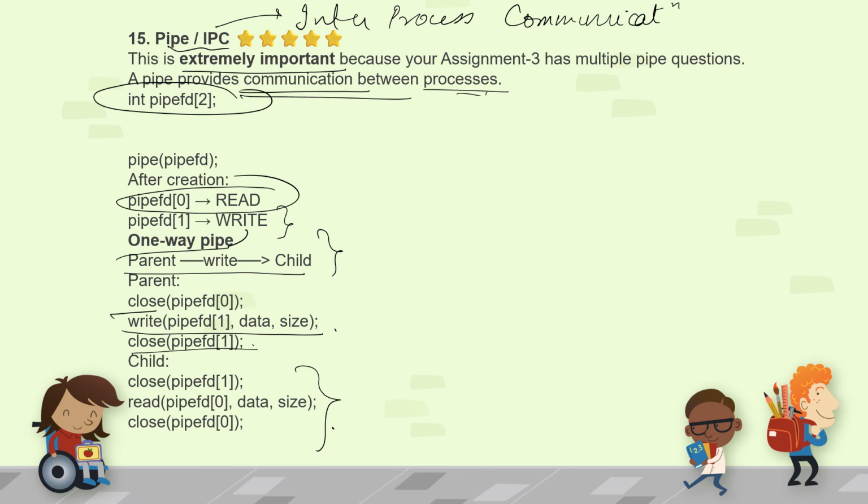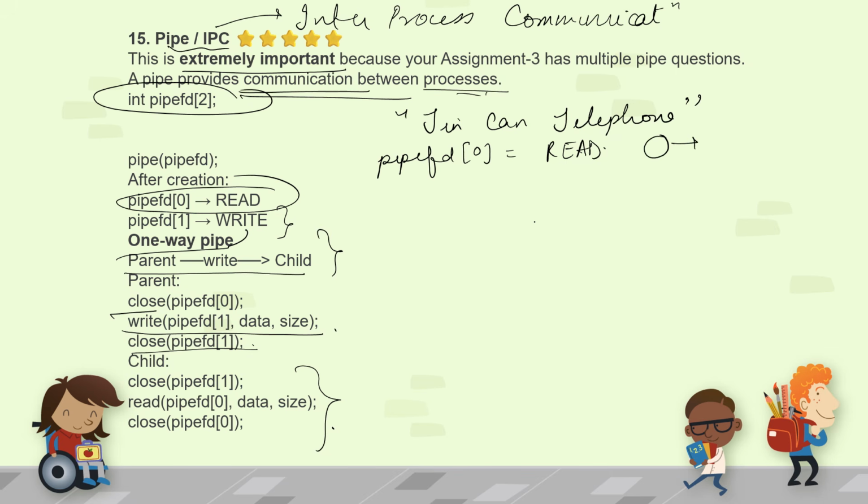Now there is one analogy that we use, known as the tin can telephone analogy. There is a trick for remembering 0 and 1. Let's say pipe FD of 0 equals read. Think of 0 as an open mouth.